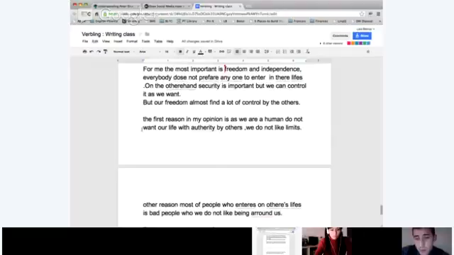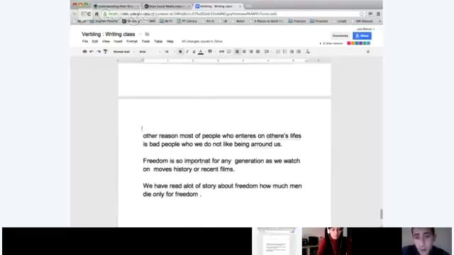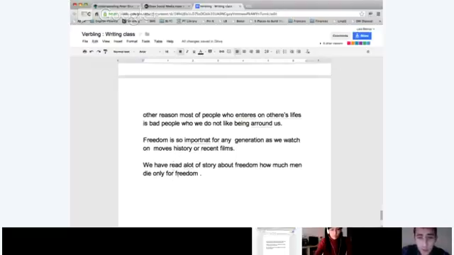We don't like limits. Other reasons, most of people who enters on others' lives is bad people who we don't like being around us. Freedom is so important for any generation as we watch on movies, history movies or recent films. We have read a lot of story about freedom, how much men die only for freedom.